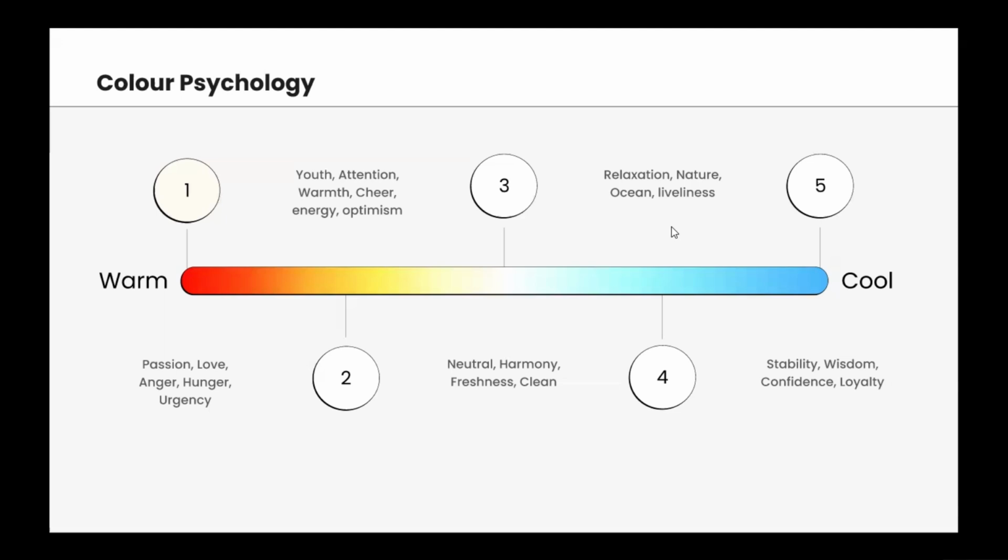In this cyan part, it can be relaxing, it could mean nature, liveliness, and so forth. Then the cool colors could mean stability, wisdom, loyalty, confidence. If you notice, most brands use blue colors like Facebook. It's trying to give the image that we are loyal, we can be trustworthy, your information is safe with us. So blue could mean loyalty and confidence in the brand.